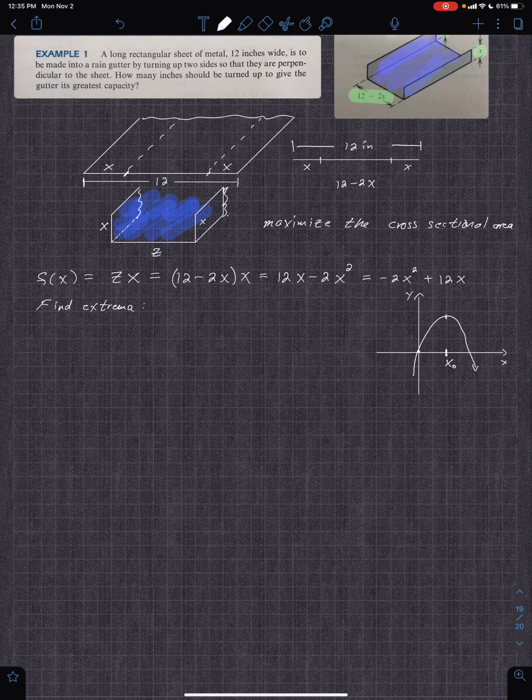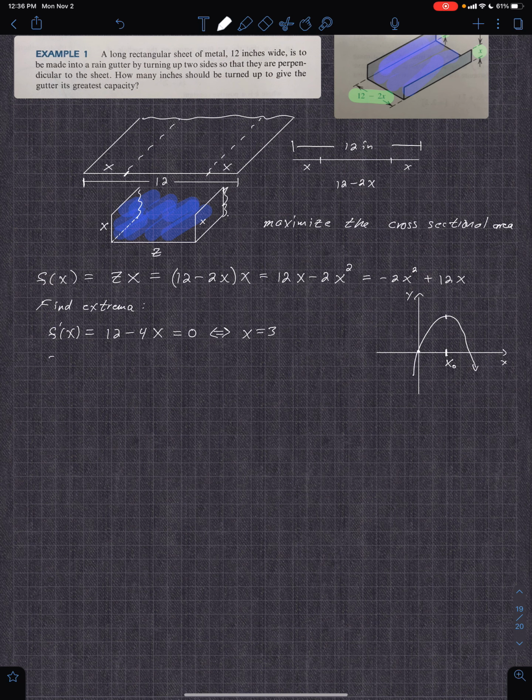We set f prime of x equal to 0 and solve. So take the derivative: f prime equals 12 minus 4x. Set that equal to 0 and solve. You can see that x is equal to 3.